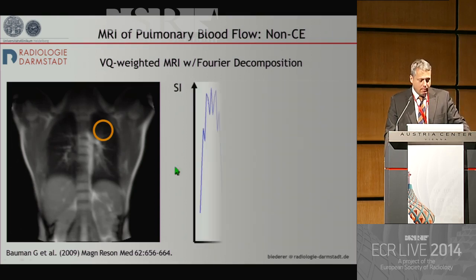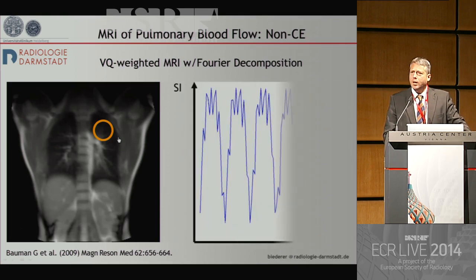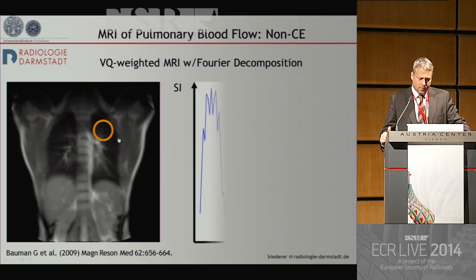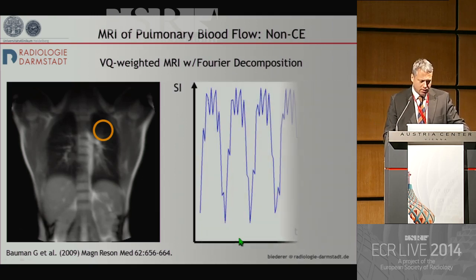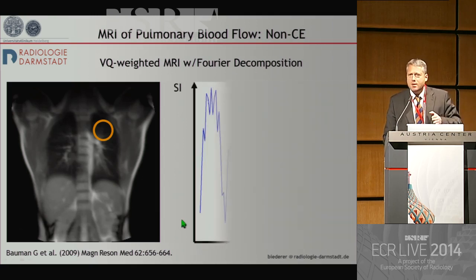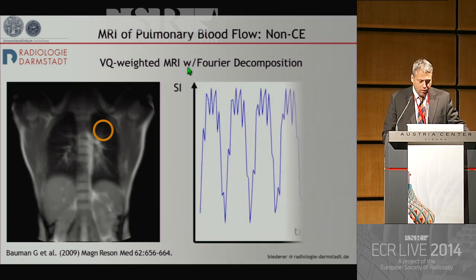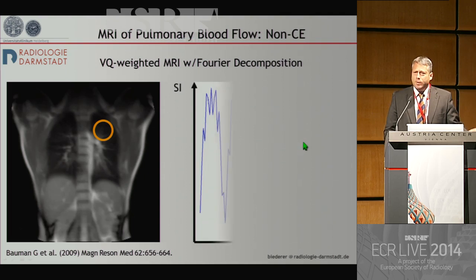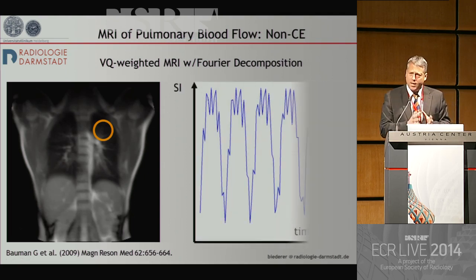Just imagine measuring the signal at a single point over the lung, with very short image acquisition times, one after another, looking at it like a film. You will see, of course, that inspiration and expiration of the lung change the signal in a very low frequency curve. And you will also see the effects of blood flow from cardiac action.